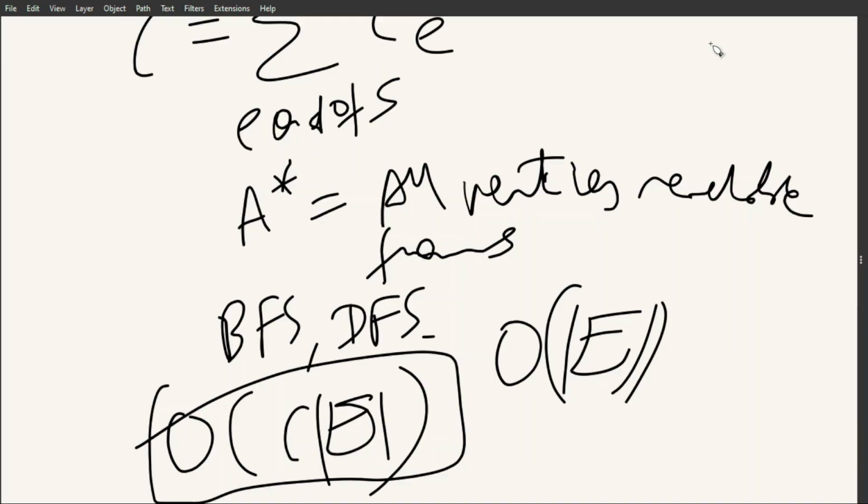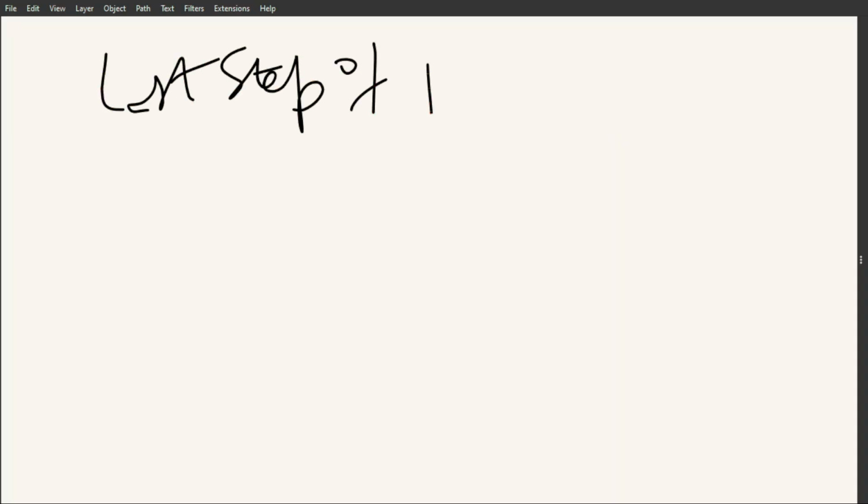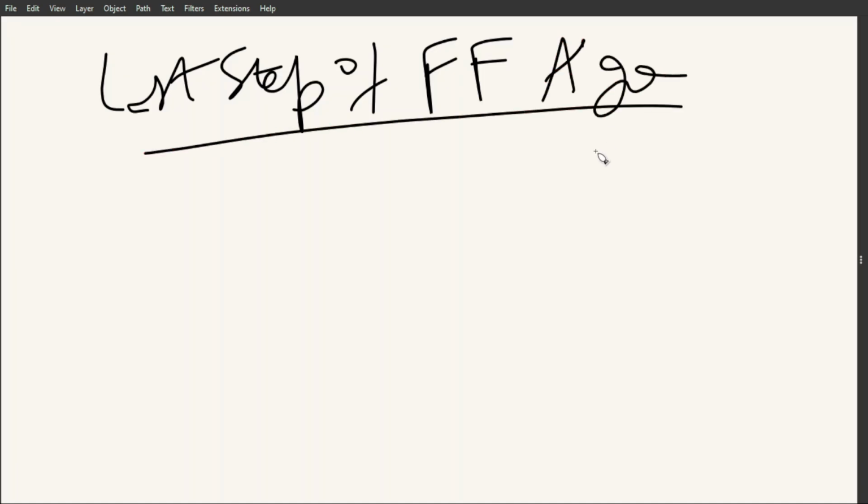Now let us take the same simple example that we considered earlier. I will not show the complete computation again, just the final step of the Ford-Fulkerson algorithm that we studied in the previous lecture: the flow that we get and the residual graph that we get.